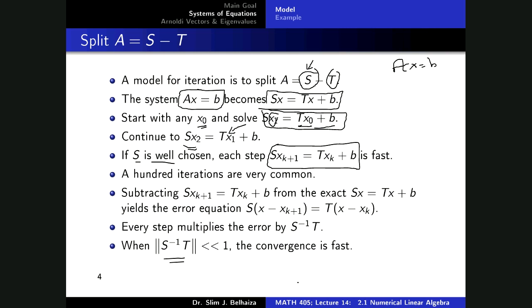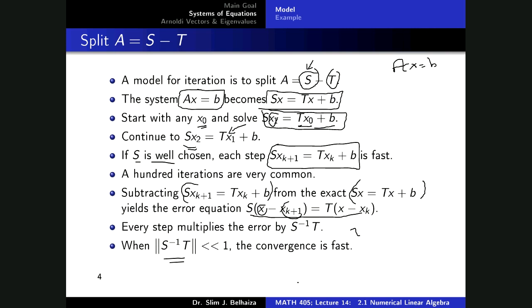Okay, so when you reach, for example, stage k plus 1, when you subtract S xk plus 1 from the exact system you had before, after splitting the matrix A, it gives you what we call the error equation. And what you want is, in fact, to minimize the distance from your xk plus 1 to x. So, if you multiply both sides by S inverse, what do you get?